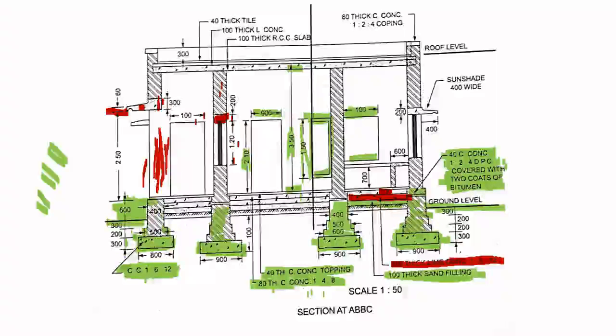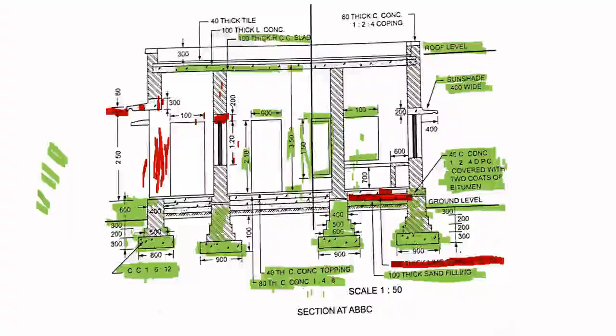So this window starts above this. Okay. So this is the sunshade, 400 mm wide, at roof level. In the roof level, the first layer you have is a slab. You all know that if our roof is a reinforced concrete roof, it will be a slab. So this slab is 100 mm thick RCC slab.